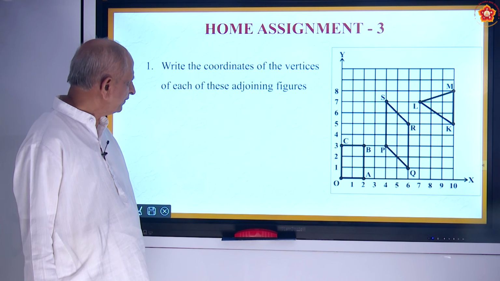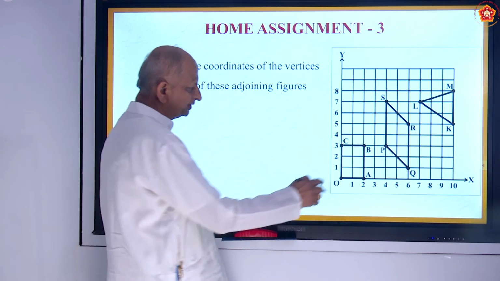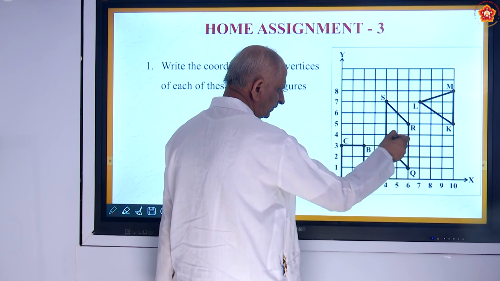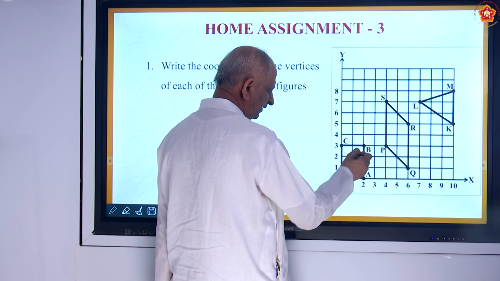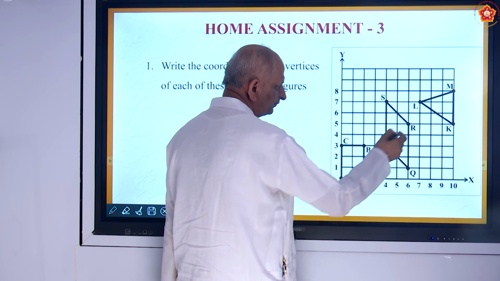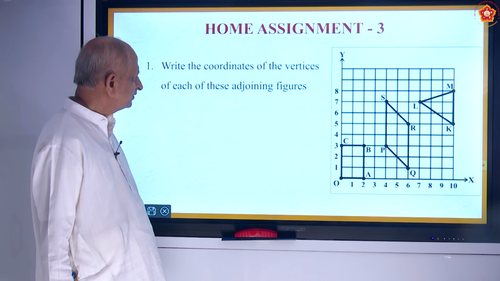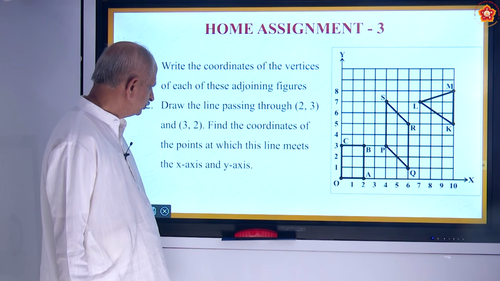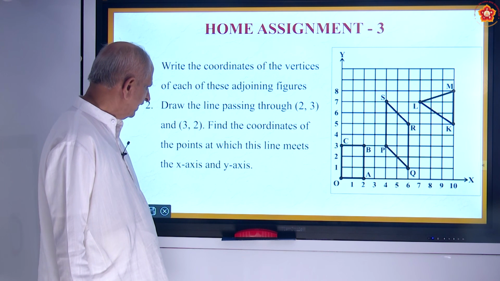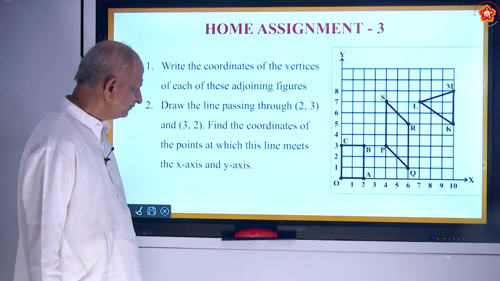Okay? Now we will see the home assignment. Write the coordinates of the vertices of each of the adjoining figures. Here there is one parallelogram. You must tell P, Q, R, S. You must tell the vertices. Similarly, A, B, C, D, O, A, B, C and K, L, M. You must tell the vertices of those. Okay. Draw the line passing through 2, 3 and 3, 2. Find the coordinates of the points at which the line meets the x-axis and y-axis.